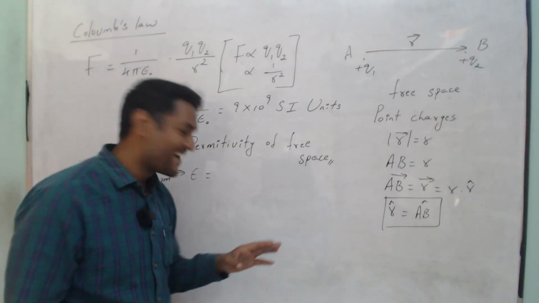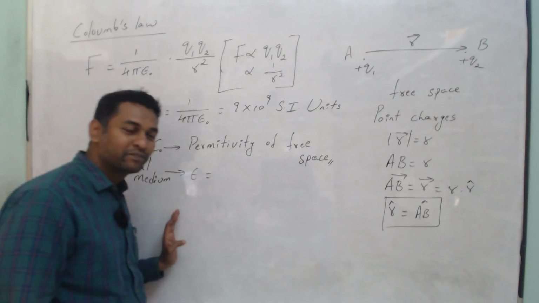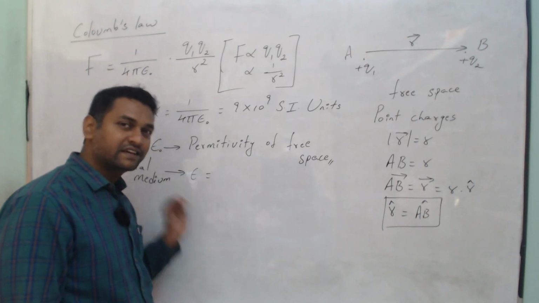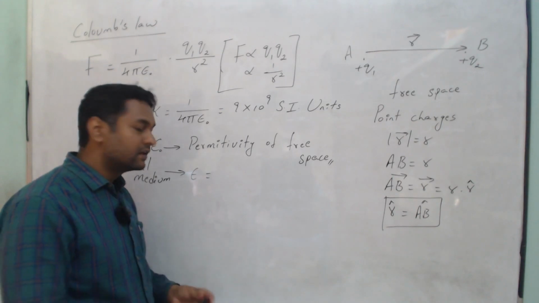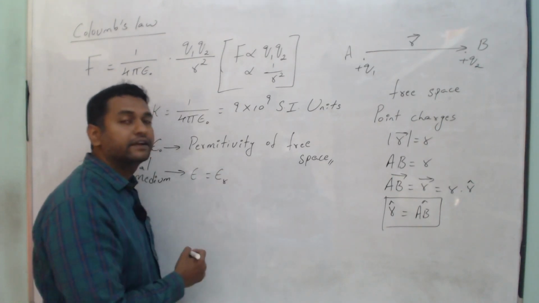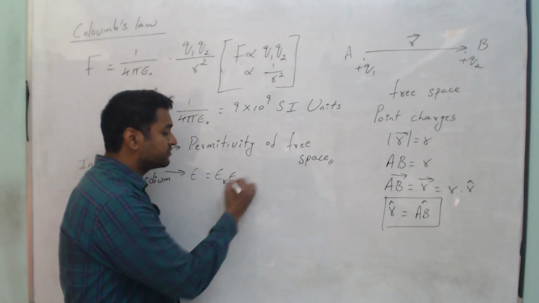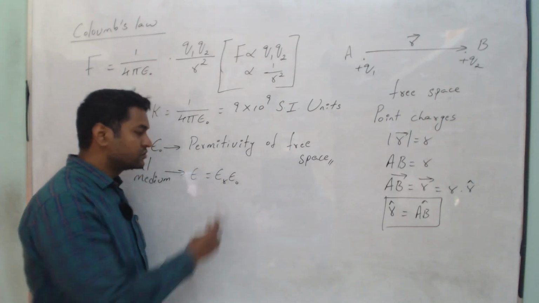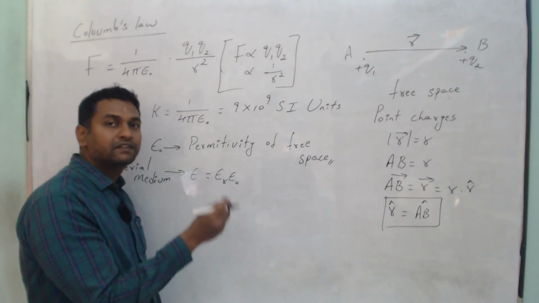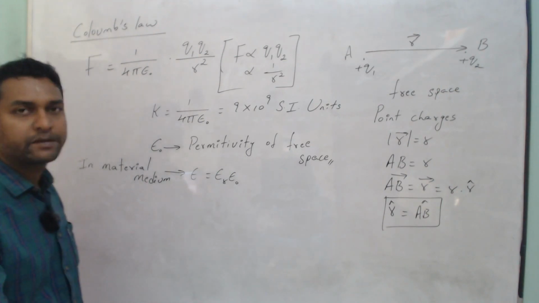So, in a material medium, permittivity is written as epsilon only, which is the product of relative permittivity and the permittivity of free space. This relative permittivity has some values which, as we move ahead in chapters, we will see.